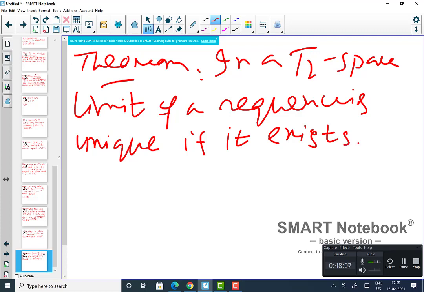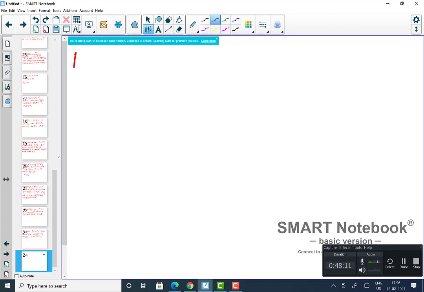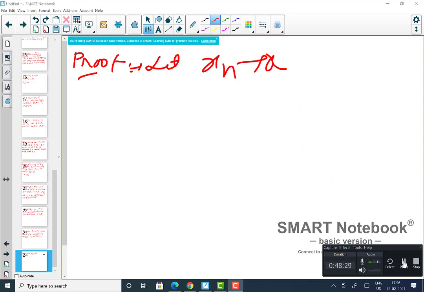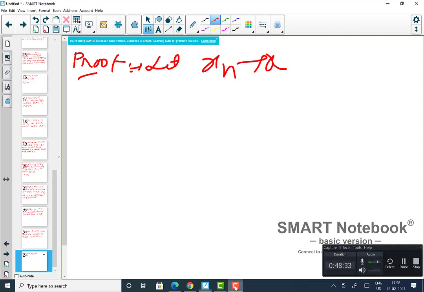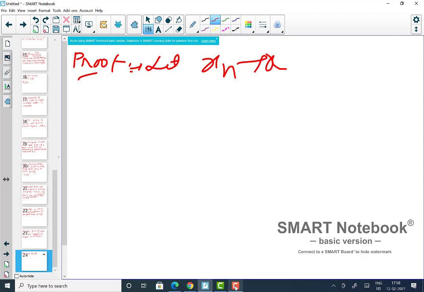The proof is not so difficult, because the T2 property forces the limit to be unique. So how to prove it? Suppose you have a sequence xn which converges to x. Assume the space is T2, and let y be some point not equal to x.